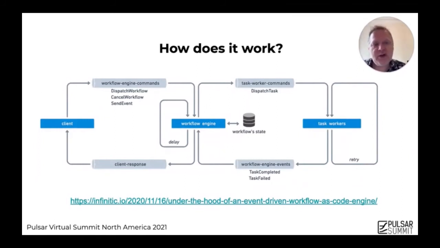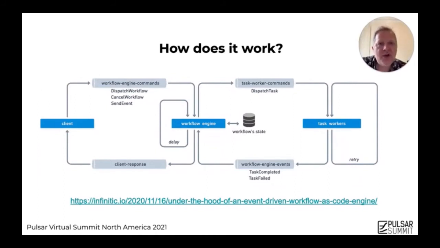The workflow engine is actually embedded in the workflow worker. And by using a key shared subscription, we have the guarantee of no race condition when we update the state of the workflow. This feature provides the guarantee of consistency when processing the workflows.